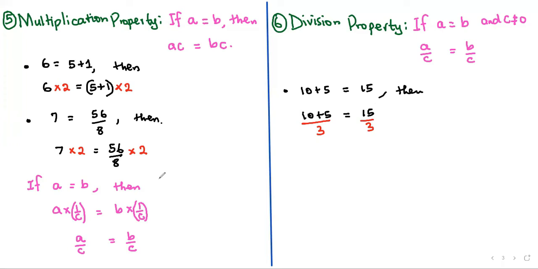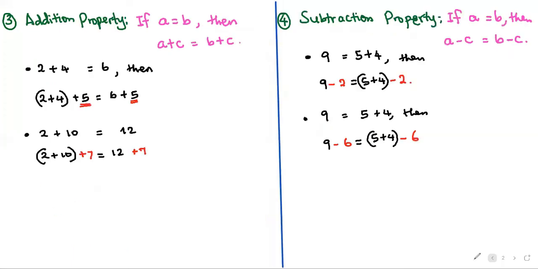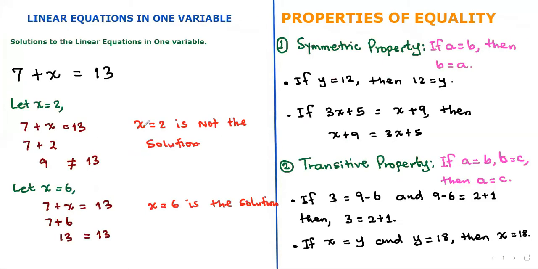So these are the properties that are really very, very important for us to know. So number 1, we looked at the symmetric property. Number 2, transitive property.